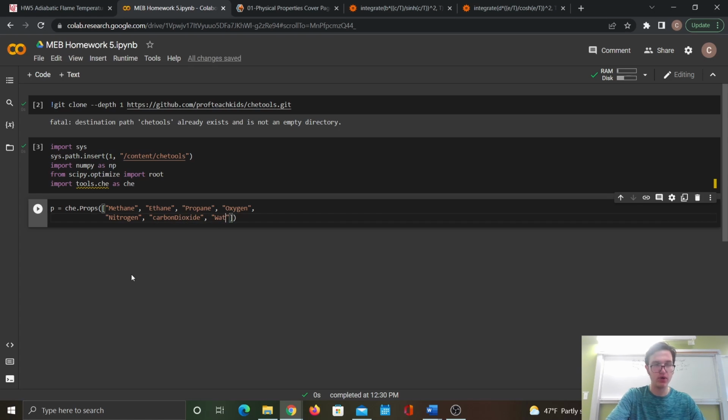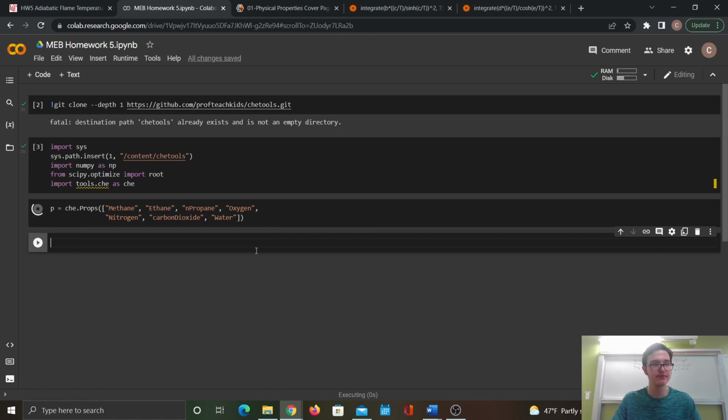And we also want water. Now, propane specifically needs to be n-propane because there are multiple types of propane. So with this, we now can pull in our properties. And this order is important because it will put the array in order of methane first, then ethane second, then propane, oxygen, etc., for manipulation later. So with that, we can shift enter.